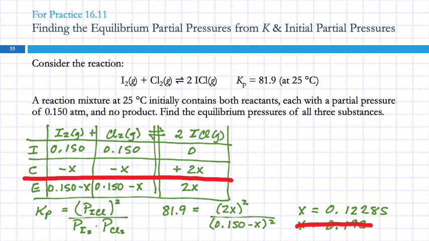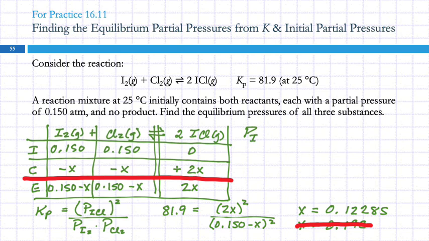Sometimes it comes out negative and you're like, oh, that's obviously not good. Other times it comes out positive, you're like, great, and you go calculate your concentrations or your pressures, and you end up with negative ones, and you're like, what did I do wrong? We didn't do anything wrong, you just need to find the other root. It doesn't happen too often, but it does happen sometimes. So, oh, not concentration.